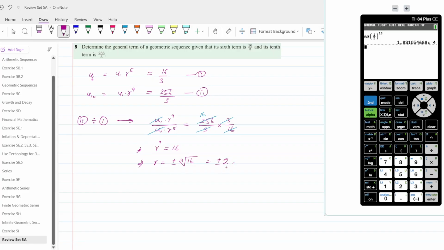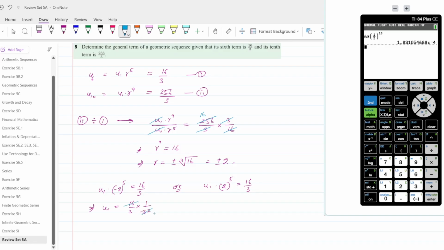Now substituting the value of r in equation 1, we get u1 times negative 2 raised to the power 5 equals 16 divided by 3, or u1 times positive 2 raised to the power 5 equals 16 divided by 3. So in this case, u1 equals 16 divided by 3 times 1 divided by negative 32.